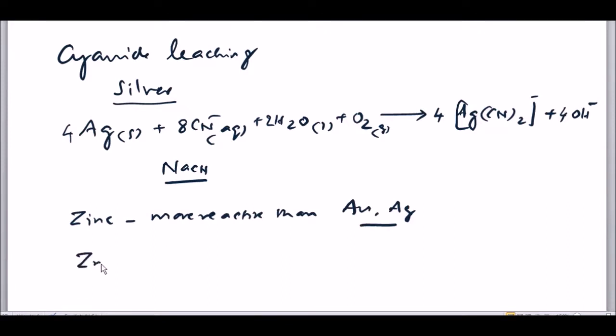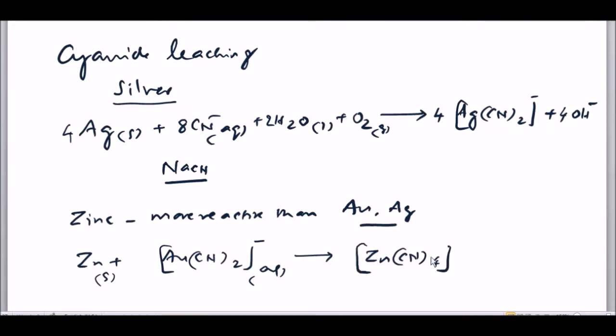You see Zn on reaction with the complex compound Au(CN)2 minus, which is aqueous, and Zn is solid, so that Au is replaced by Zn. We will have Zn(CN)4 with 2 minus, and the gold is separated.